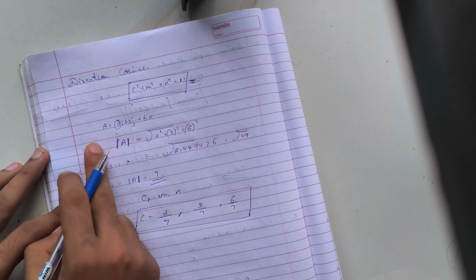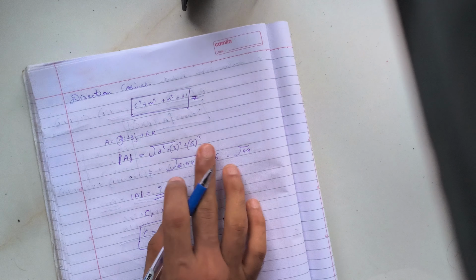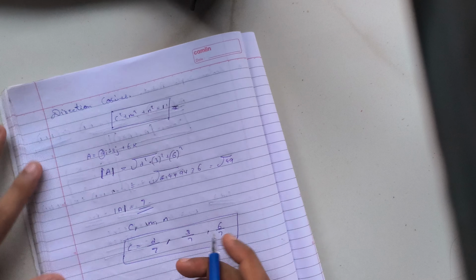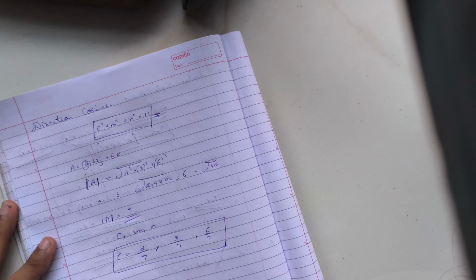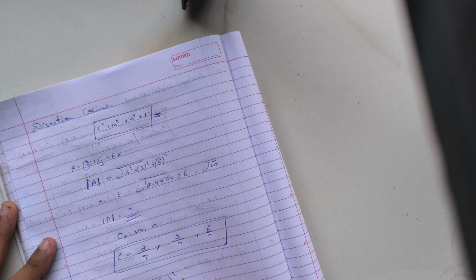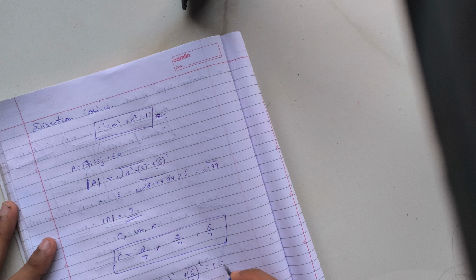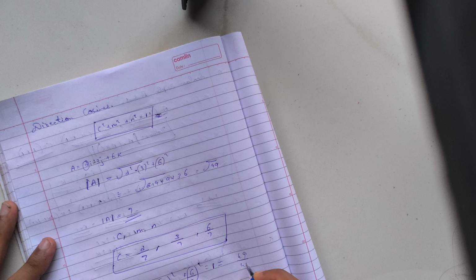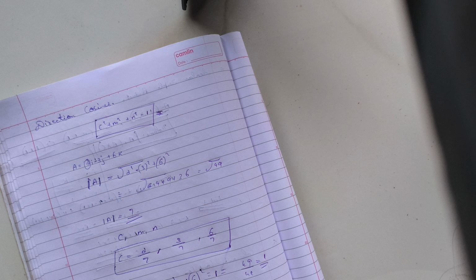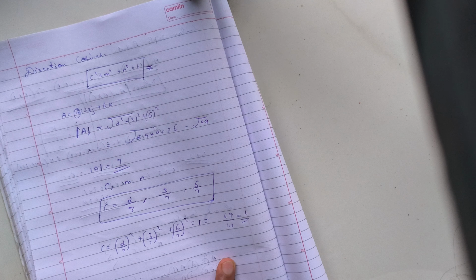Then we need to check whether the condition L square plus M square plus N square equal to 1 holds. So 2 by 7 the whole square plus 3 by 7 the whole square plus 6 by 7 the whole square equal to 49 by 49, hence 1. This is one of the important properties of direction cosine.